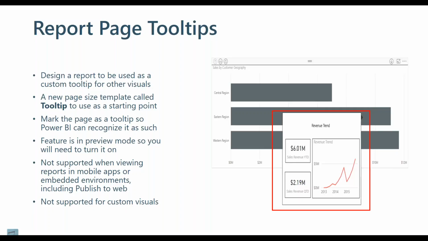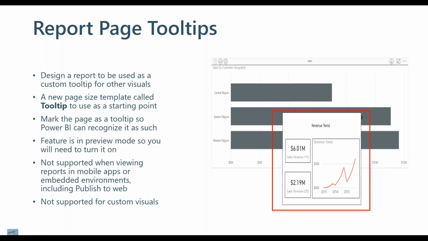If we wanted to see the revenue trend of the sales by geography, and we didn't want to create a different dashboard for it, we can create a custom report page tooltip. When we hover over a particular region or dimension, that automatically filters the tooltip based off of whatever we just hovered over.